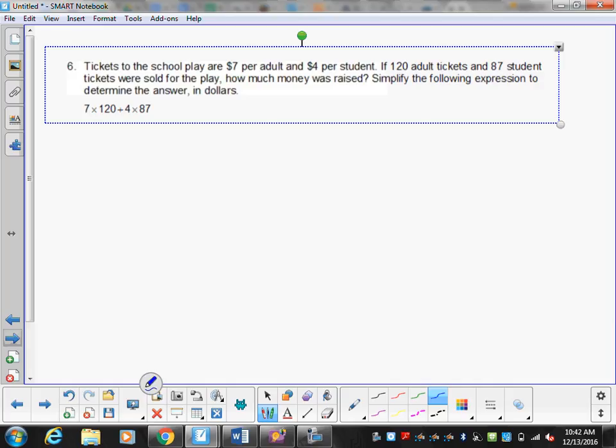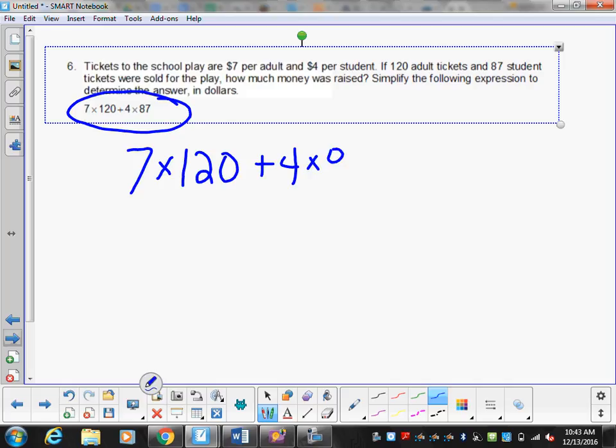So all you're going to do again is plug the expression into your calculator. You're going to say 7 times 120 plus 4 times 87. And when you plug that into your calculator, you should get 1,188.